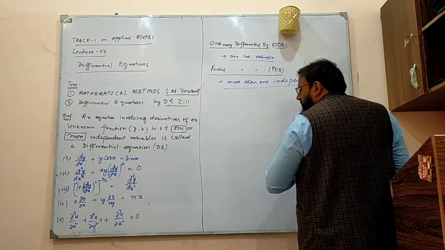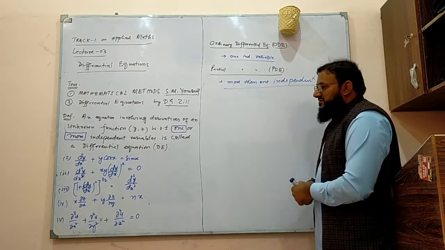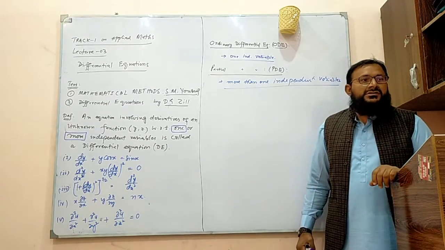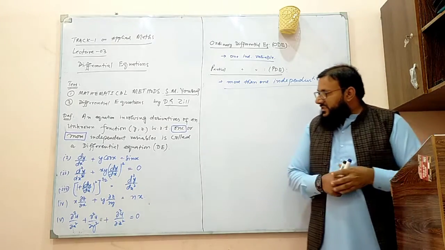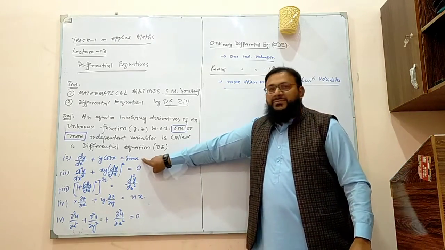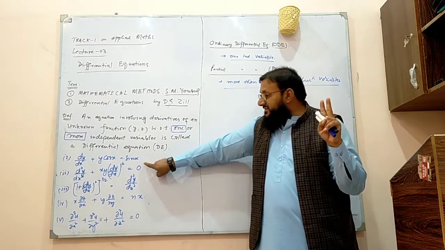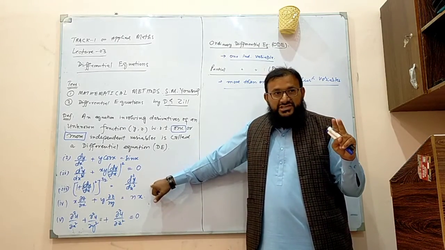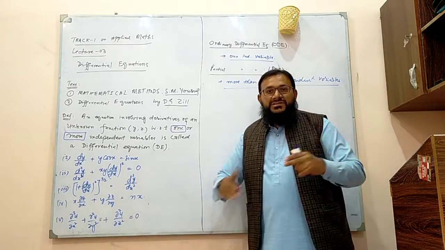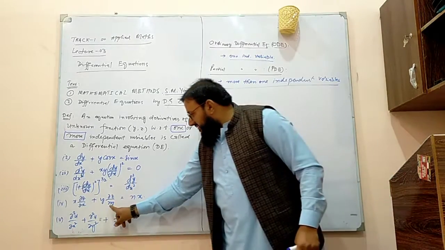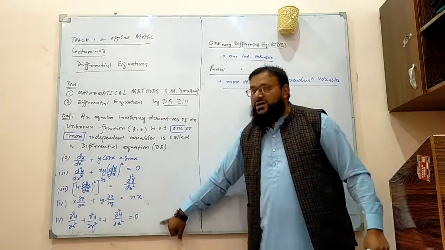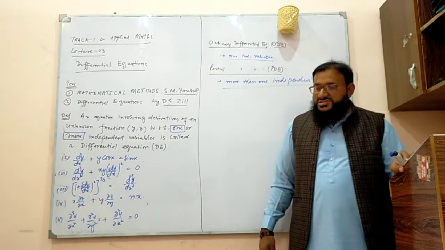Now if you see these equations, you can say which of these are ordinary and which are partial. The independent variable is one, that is x, in each of the first three, so these three are ordinary differential equations. Here the independent variables are more than one: x and y, and x, y, z. So these two are partial differential equations.